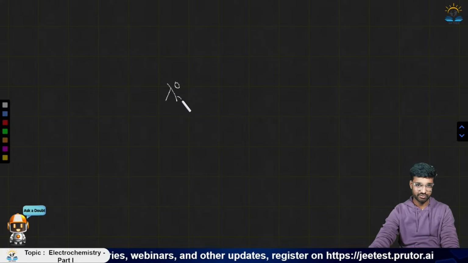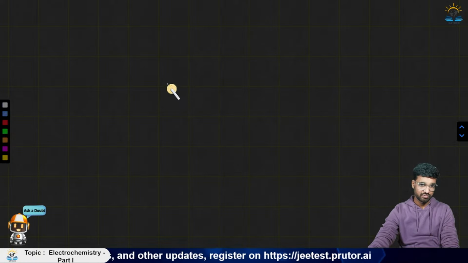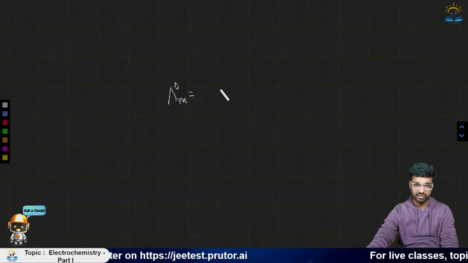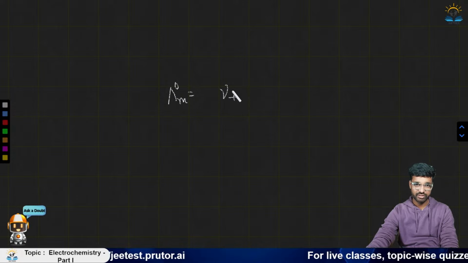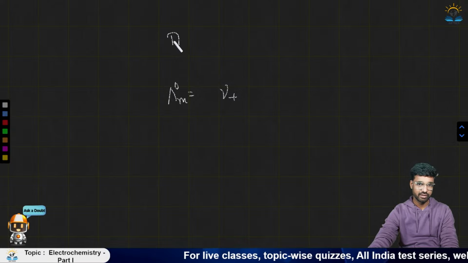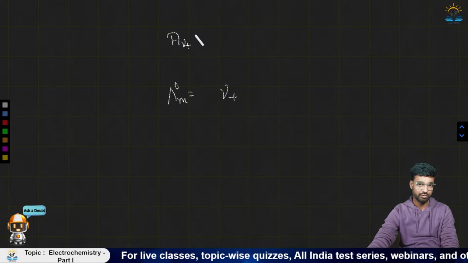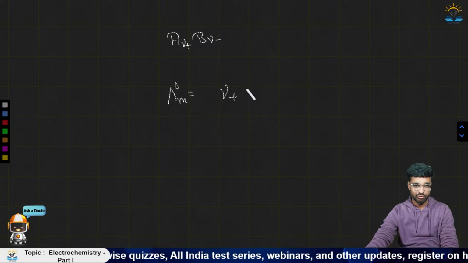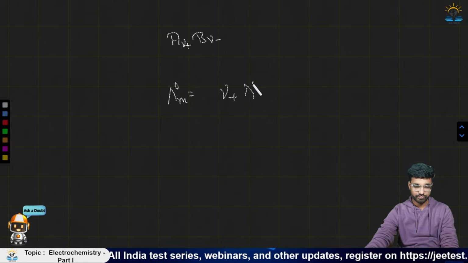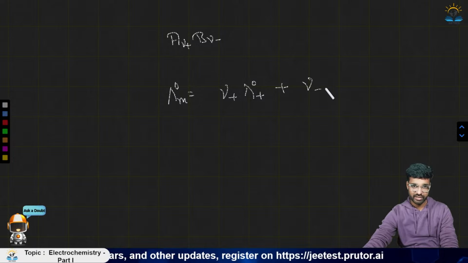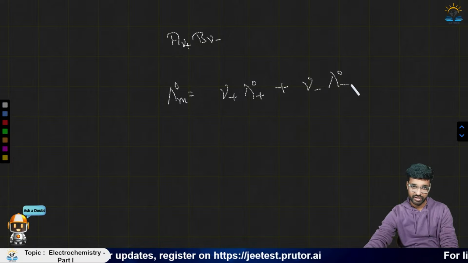So say we have an electrolyte and we have to find the molar conductivity at infinite dilution. Then what we will do is simply multiply by the coefficients. Say we have this electrolyte as A, which is present in nu plus amount, and B, which is present in nu minus amount. Now nu plus into lambda naught plus, plus nu minus into lambda naught minus.